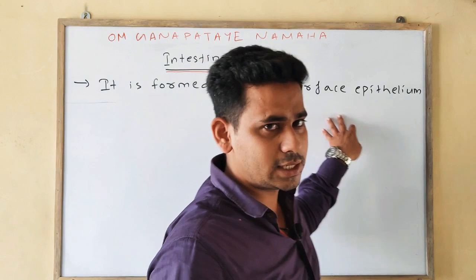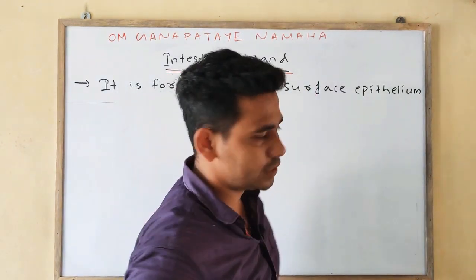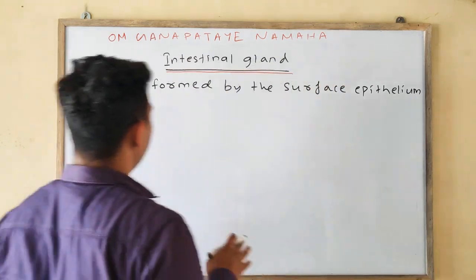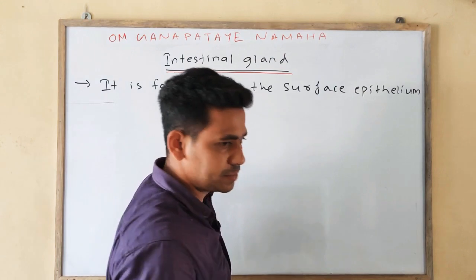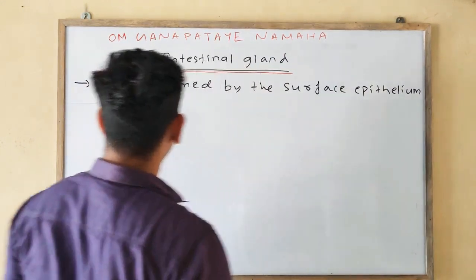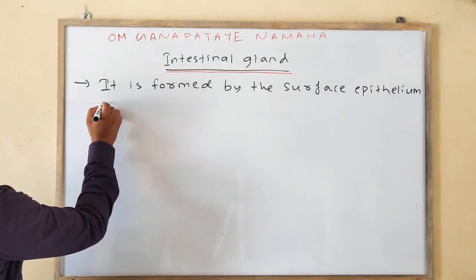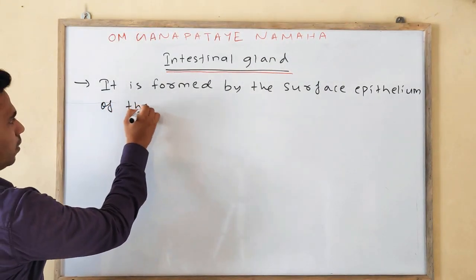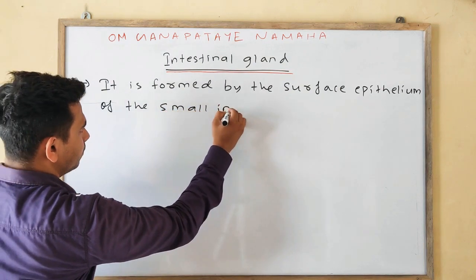Surface epithelium means the specialized layer of the tissues. In detail you will read in first year what epithelium is. For now, just remember that surface epithelium is a specialized layer of tissues. So the intestinal gland is formed by the surface epithelium of the small intestine.